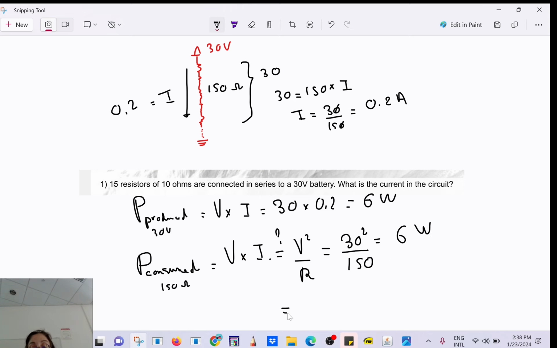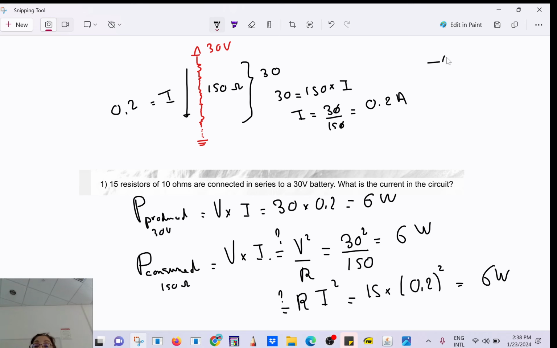And I want to check my other equation. Is it equal to R I squared? R is 150 times the current, 0.2 squared, and that's going to be 6.